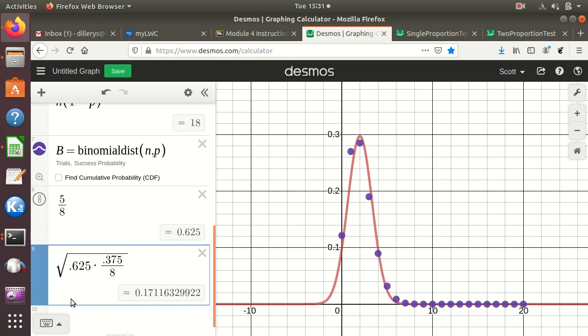And so our confidence interval is 0.625 plus or minus 1.96, that's a 6, times whatever I said, 0.1712. And so I can multiply that out. I can actually do those addition and subtraction.